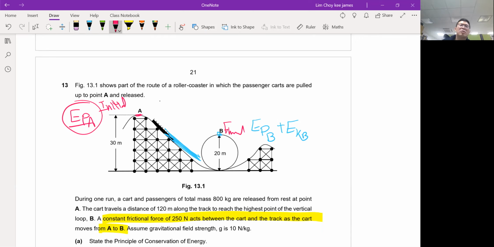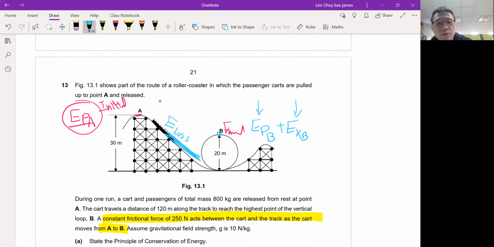This energy is transformed to various things: first to EP, then to EK, and lastly to losses. So if you look at the energy conservation here, the initial state EPA is converted to the final energy, which consists of EP at B, EK at B, and the energy loss due to friction.